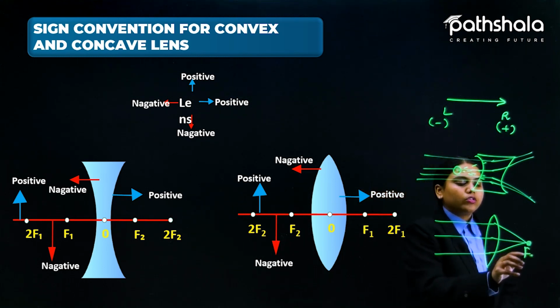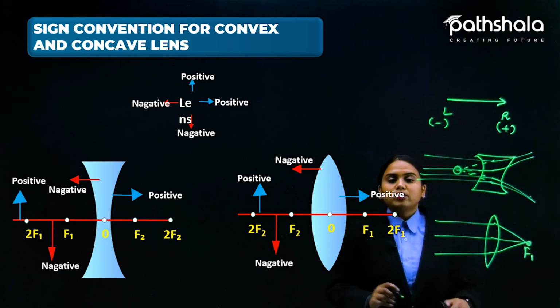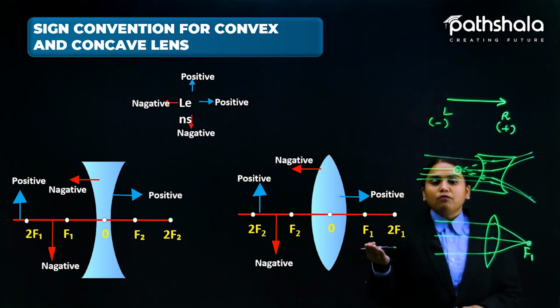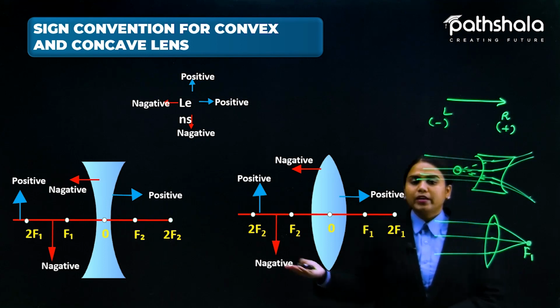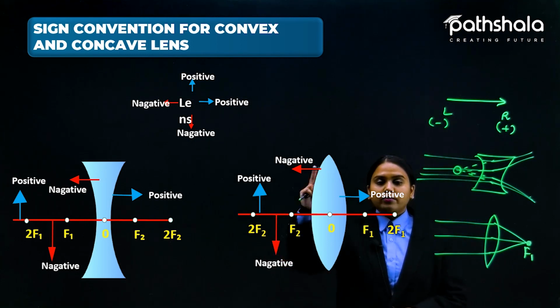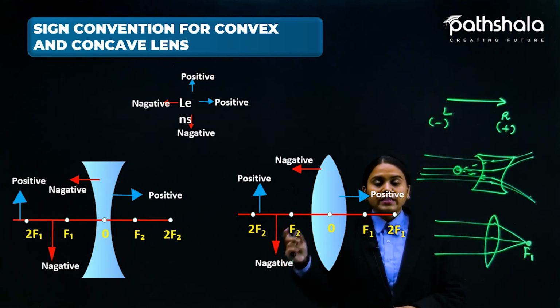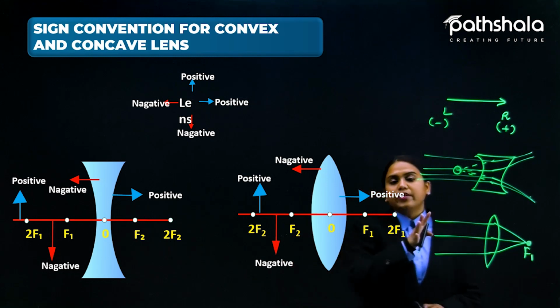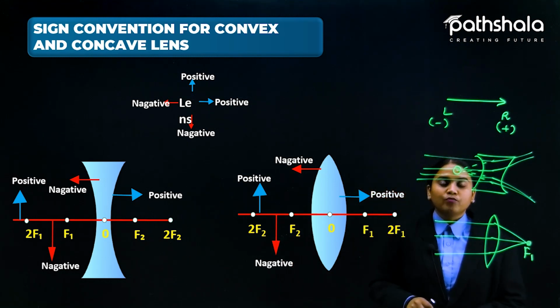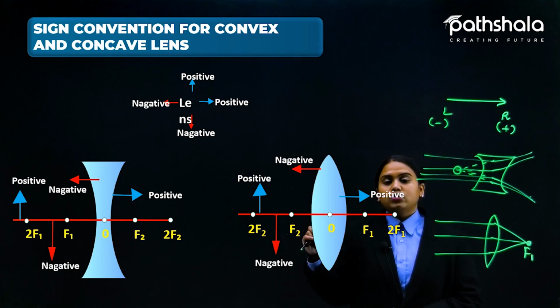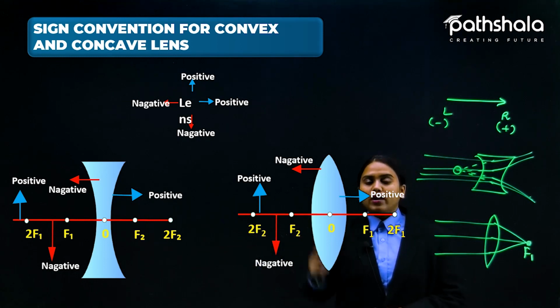This is now called f1, and twice of the distance for this f1 would be 2f1. Here, because of this curvature, we have to assign this focus also, because the light ray could come from this direction too. So this one is considered as f2 and then 2f2.